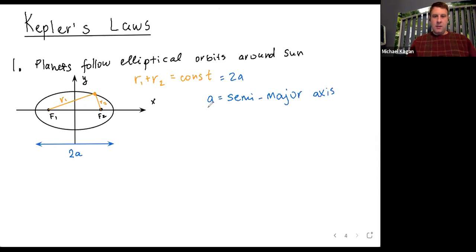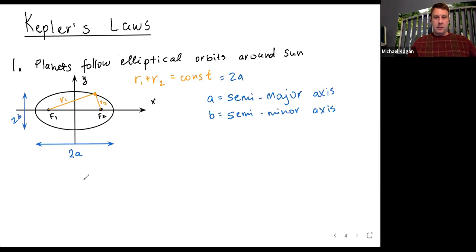There is also a semi-minor axis, but that's not as significant. It doesn't show up in the equations that we'll get. The semi-minor axis is the smaller radius. So this is 2b.